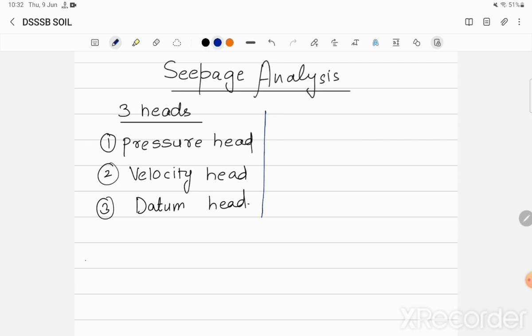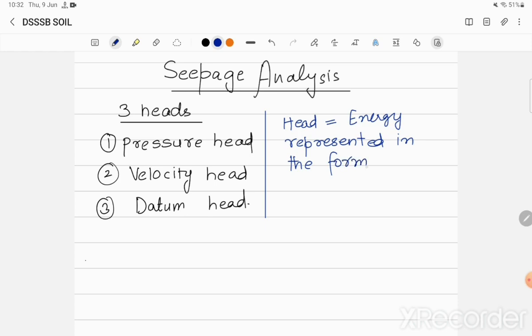So from FM itself we know that head is nothing but energy represented in the form of height of a fluid column. So head is nothing but energy which is represented in the form of height of fluid column.